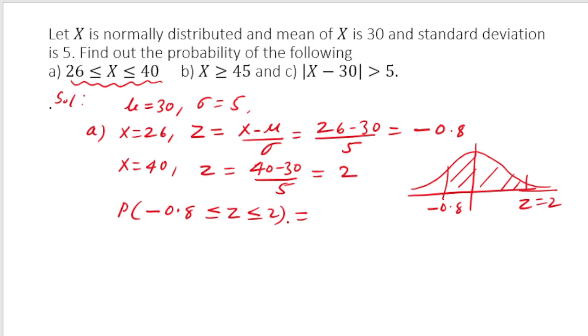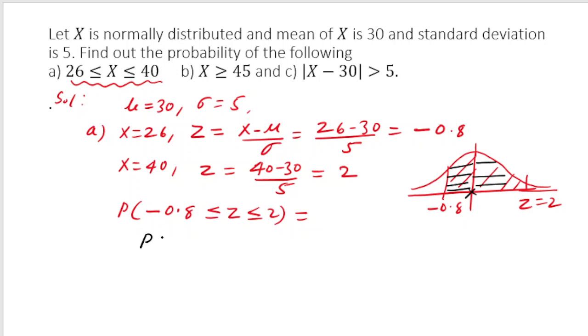So here we have to use the symmetry, and listen to this very carefully. To calculate this area, I will find the area from minus 0.8 to 0, and then the area from 0 to 2.